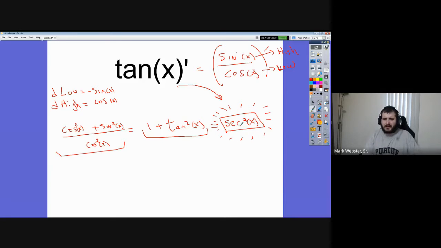So I take the time and actually write stuff out. But if you want to memorize this factoid, the derivative of tangent is secant squared, you are within your right to. No one's going to force you to prove it every single time. I definitely won't. So now let's do the next one.